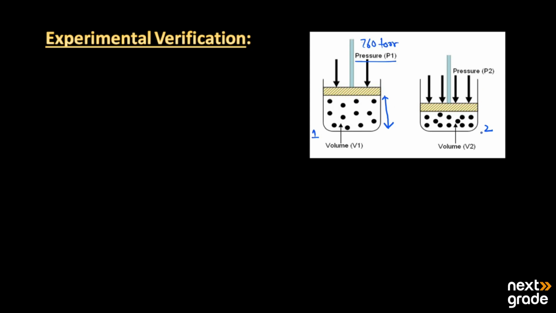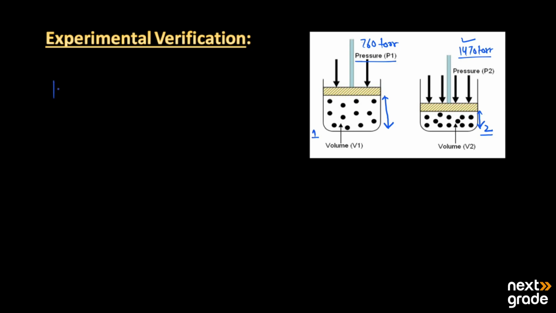In cylinder number two, the pressure has been increased from 760 to, for example, 1470 torr. When the pressure is 1470 torr, then the volume of the gas decreases. So this is the simple verification of Boyle's law.